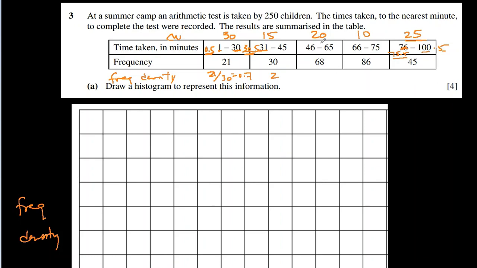Here 68 divided by 20 is 3.4. 86 divided by 10, 8.6. And 45 divided by 25 will be 1.8. So we will mark up these now. We have the highest density 8.6 and lowest is 0.7.